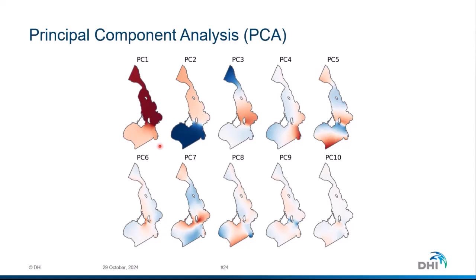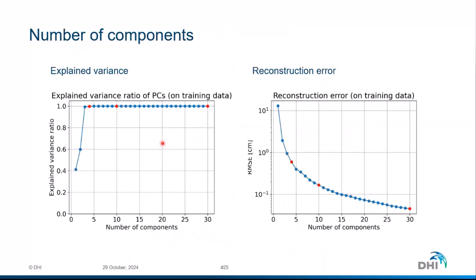But the next task is to decide how many principal components to use for spanning my subspace, or my latent space. For that, I can do some different analysis. This is the explained variance ratio for a number of components. The more components, the more of the variance of the data I explain.